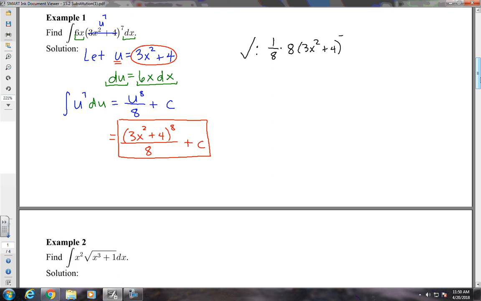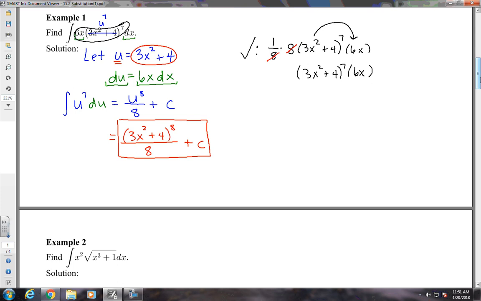So we bring the power down in front, we keep the base the same, and then we decrease the exponent by 1. But the chain rule says multiply by the derivative of the base. Observe that when we simplify this function, we end up with our original integrand. Even though it's in a different order, we know multiplication is commutative, but it matches all of those original details, and that verifies that our antiderivative is correct.